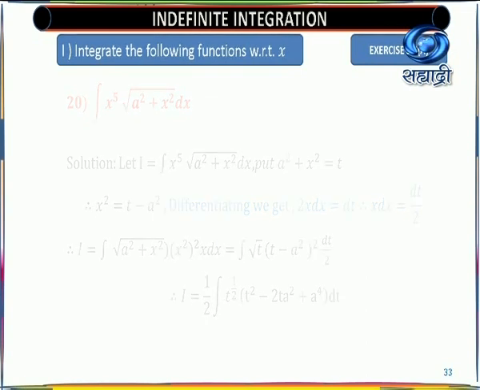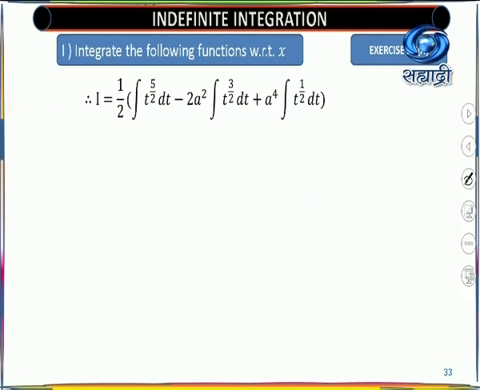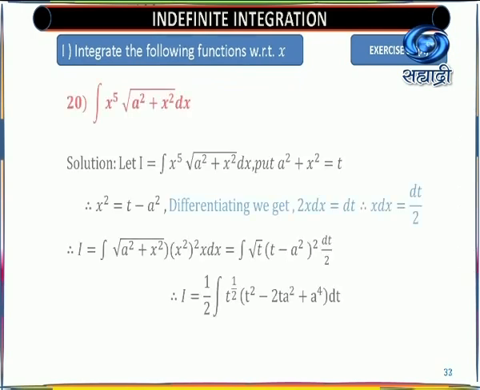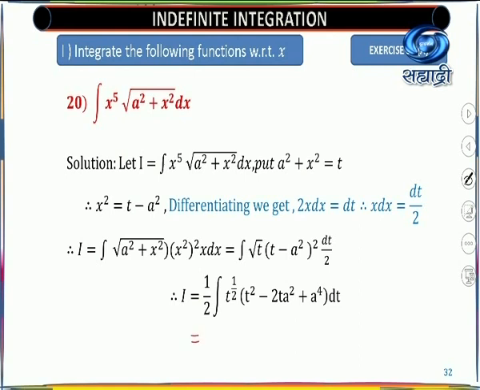After this you need to multiply by t raised to half. Here itself first we will multiply by t raised to half. So this is equal to half integral t raised to half into t square, minus 2a square, which is constant, t raised to half into t.